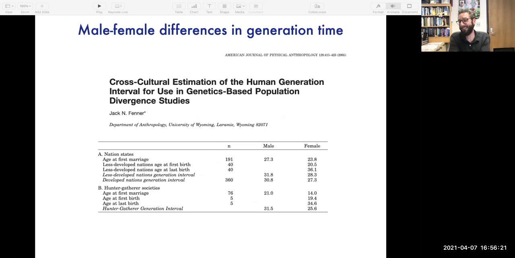This is actually really consistent with anthropological studies of current societies. They're not highlighted, but you can read among nation states and among hunter-gatherer societies, which is how this anthropologist split them up. Males have longer generation times in like 97% of the cases.